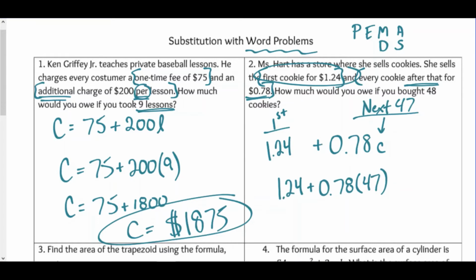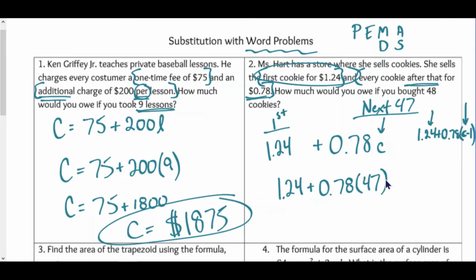Another way you could write this, if you want to be fancy about it, you could write $1.24 plus 0.78 times C minus 1, where C is actually the number of cookies, and we're subtracting out 1 because we've already paid for one cookie here. You don't need to worry about that if you don't understand it.